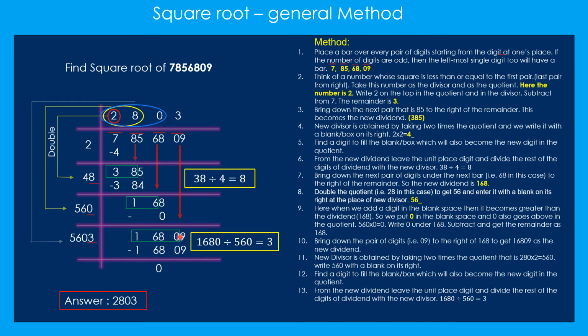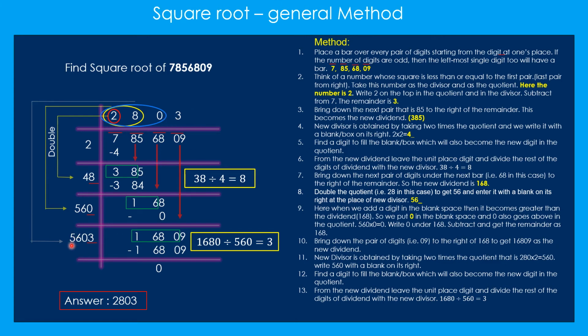So how do you find the number for the blank space? Whatever number is here in the dividend, you leave the unit digit, and the rest of the digits are divided by the new divisor, that is 560. So when you divide 1680 by 560, you get the quotient 3. This 3 is added to the blank space, and this 3 is also added to the quotient.